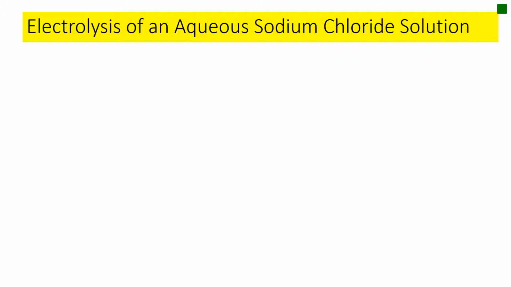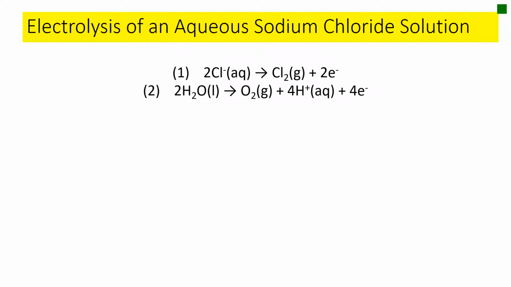The oxidation reactions that can happen at the anode are represented by these two equations, 1 and 2, for chloride and for water. The values of 1 and 2 simply imply that water, H2O, should be oxidized at the anode.